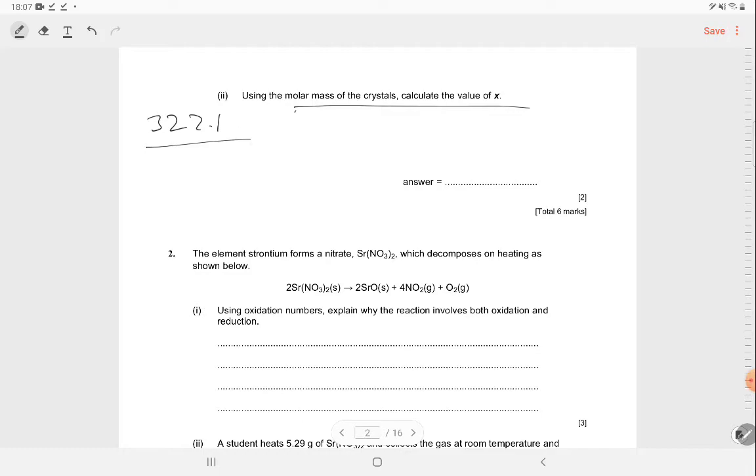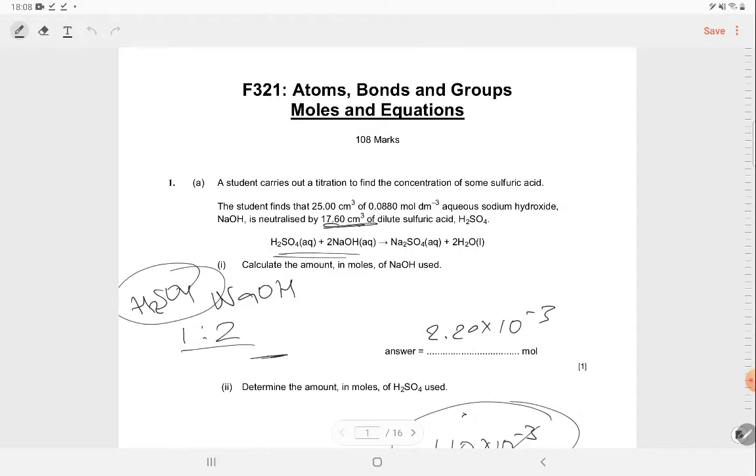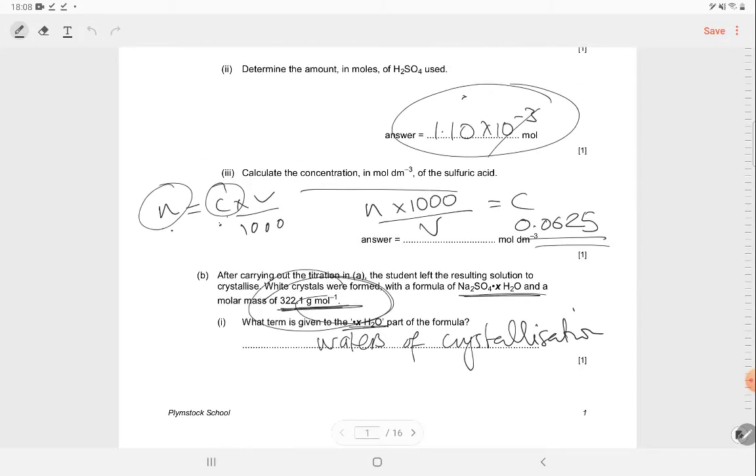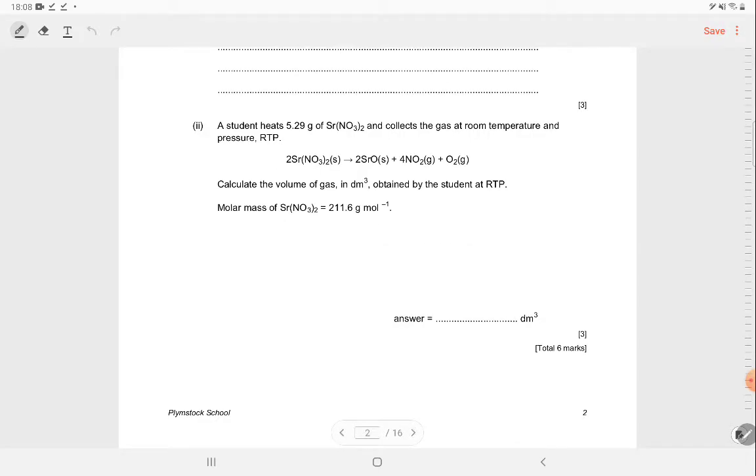That's the molar mass, and they basically want you to work out the value of X. So all you need to do here is work out what the Na2SO4 adds up to.